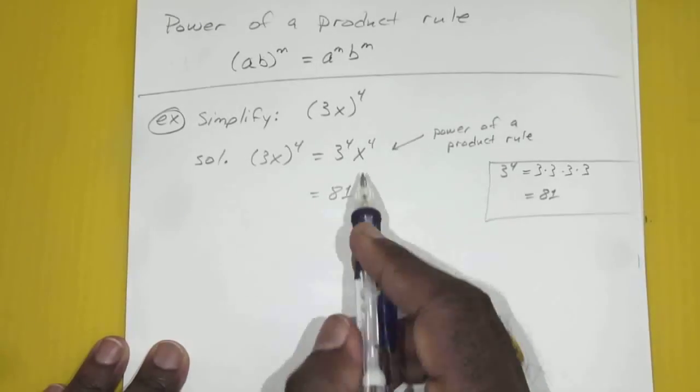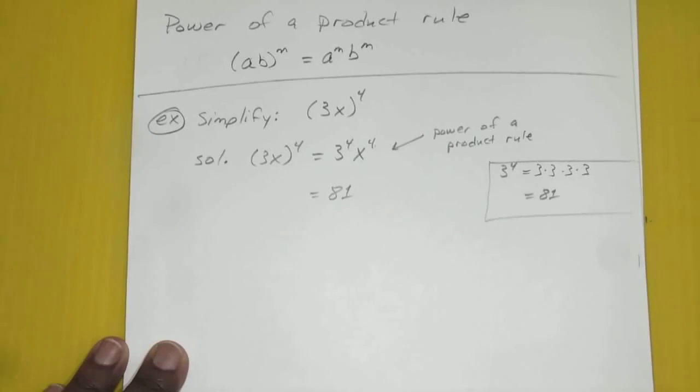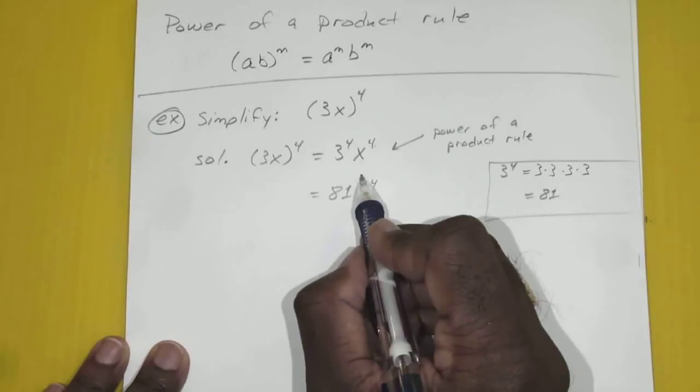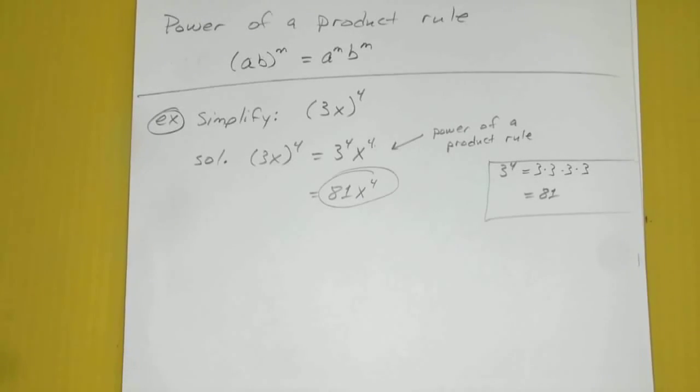So we have 81, and that x to the fourth power just stays x to the fourth power since we can't do much about it. Okay. So that would be your simplified answer.